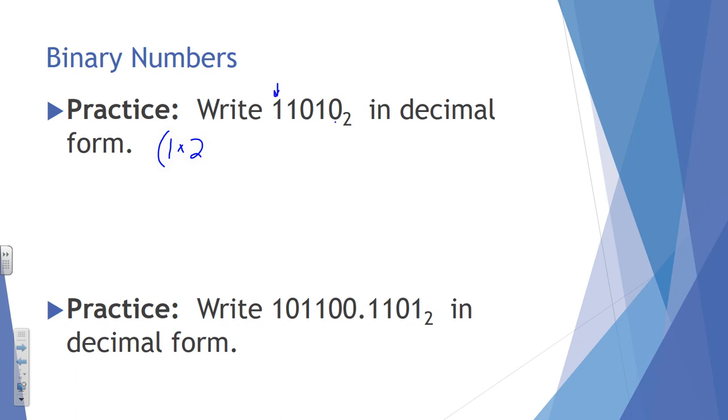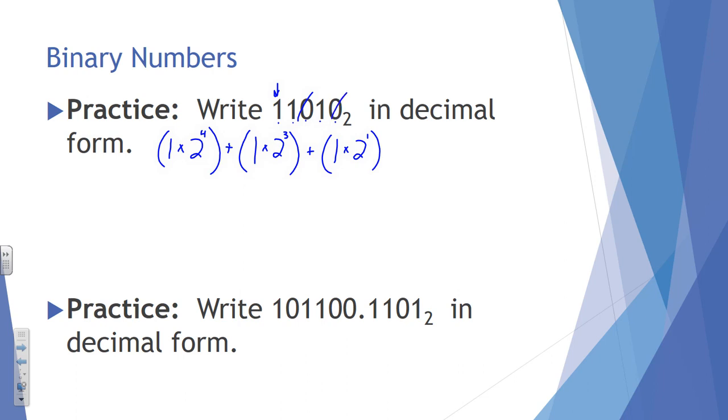Our first place is 2 to the 0, 2 to the first, 2 to the second, 2 to the third, 2 to the fourth. So that's 1 times 2 to the fourth. Plus we have 1 times 2 to the third. We have 0 times 2 to the second. But we do have 1, 2 to the first. And then we have 0, 2 to the 0th power.